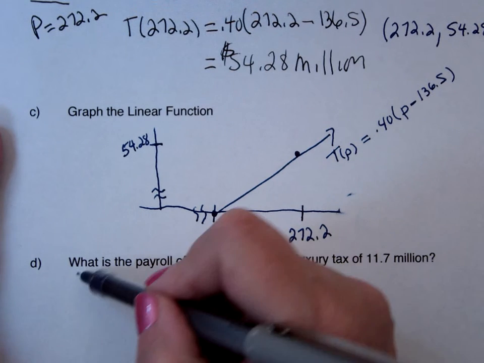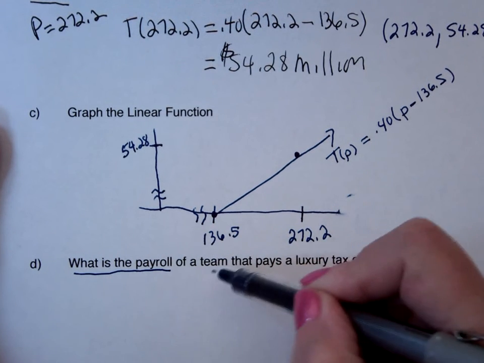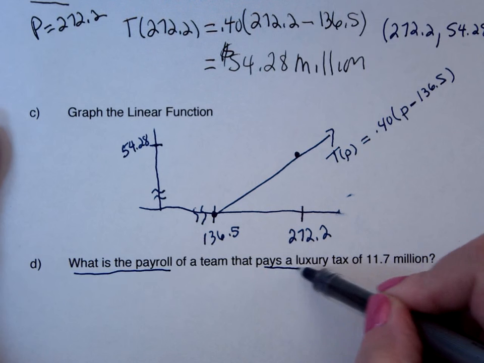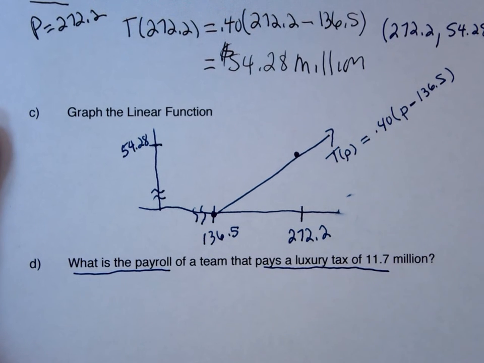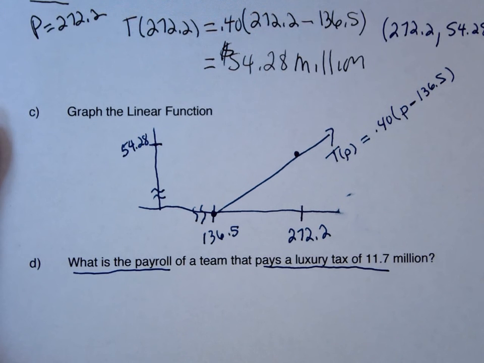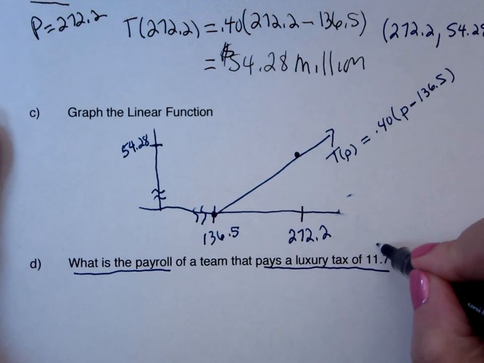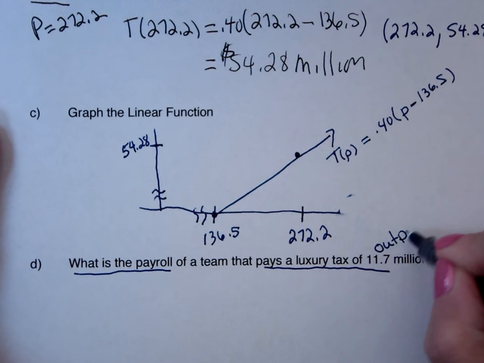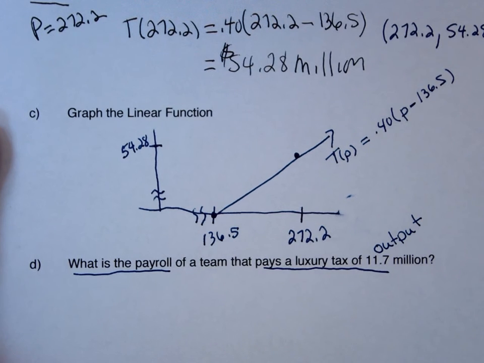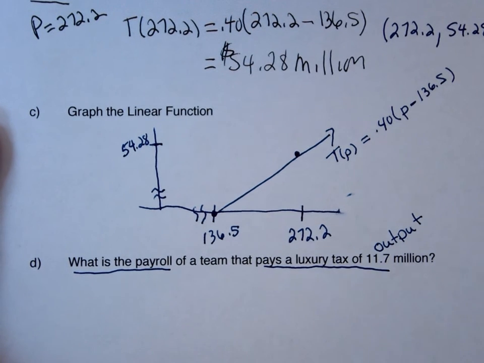And then it says, what is the payroll of a team that pays a tax of 11.7? Now, remember, we put in payroll, get out tax. Tax is the output variable, right? They've paid a tax, that's your output, of 11.7. That means what is the input?